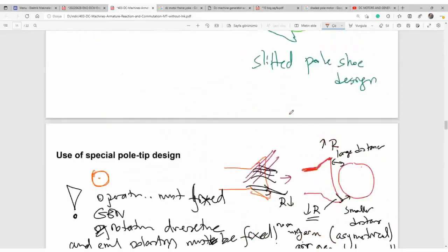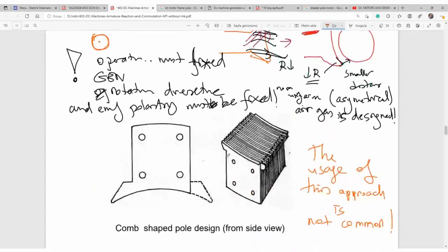Sometimes we prefer some high reluctance paths. There will be some different designs. For example, the effective core area will be smaller here. There is a different design.